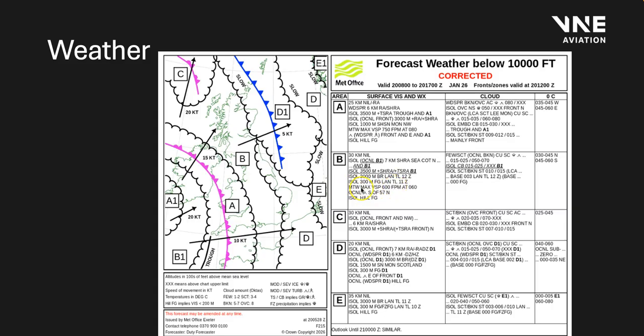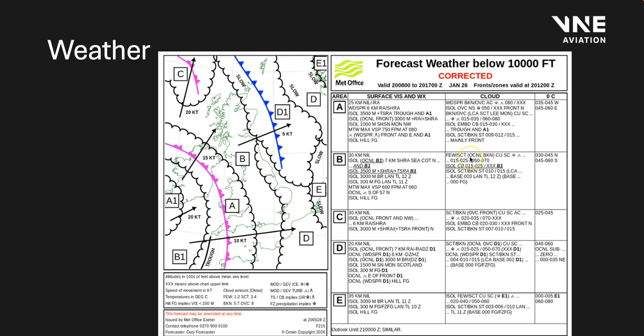And then we've got some mountain wave with a maximum vertical speed of 600 feet per minute at 6,000 feet, and then occasional, if we look down here, that little symbol means moderate turbulence, so that's south of 57 north. So 57 north's up here somewhere, and isolated hill fog. So we can see we've got lots of potential weather going on, and that's really associated with that frontal system that's coming through.